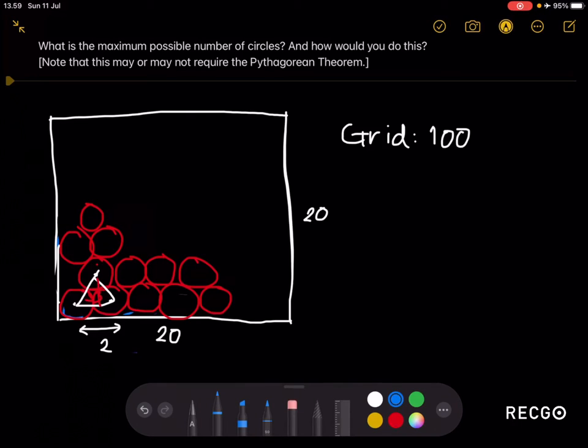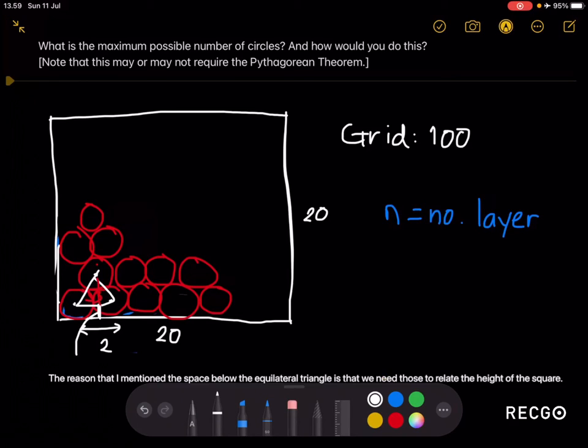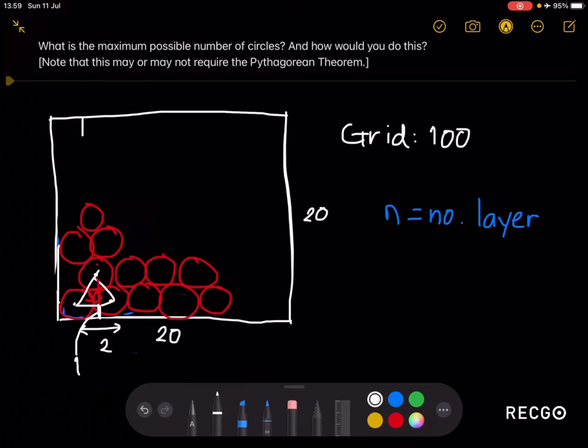We can suppose that n is the number of layers that we're going to use right here. We can form an equation in terms of n relating to the height we're going to need, or I should say an inequality. Notice that the space right here underneath the equilateral triangle is 1, and the space right above here will also be 1, after we arrange them, of course.